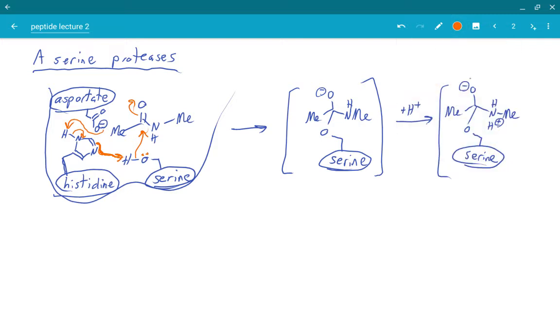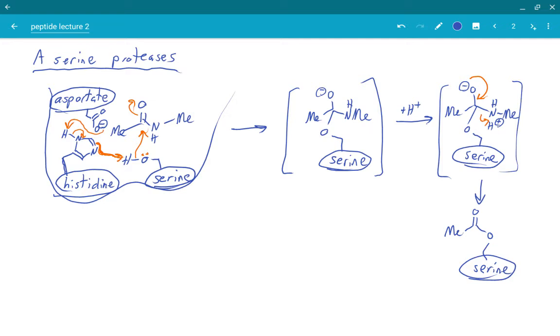And then now this can collapse down to kick off the amine. And I'm left with an acetylated serine.